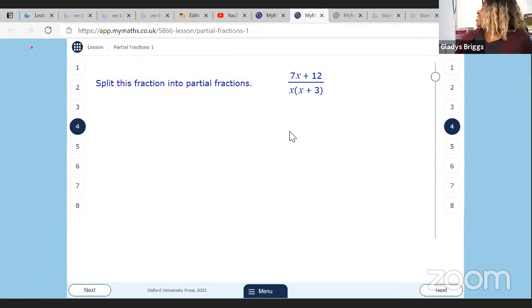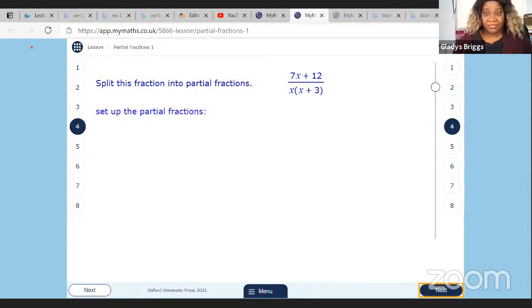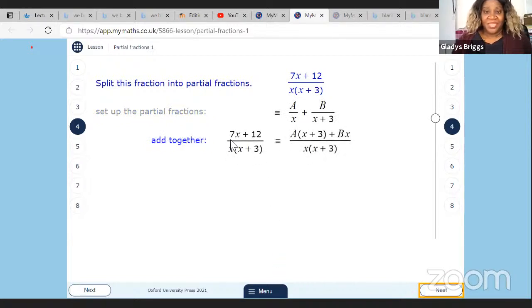Yeah, so now you equate top and the bottom with the other one, and you equate the numerators.